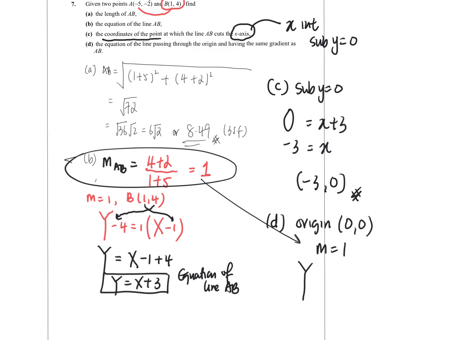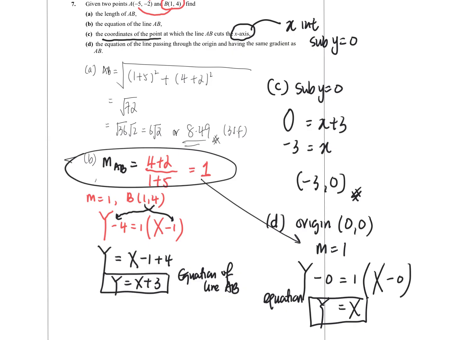So if you use this formula, big Y minus small y equals gradient times big X minus small x, you will get y equals x. This is your equation. Because they say it passes through the origin, this is the point that I've selected. Origin is this point, (0, 0).